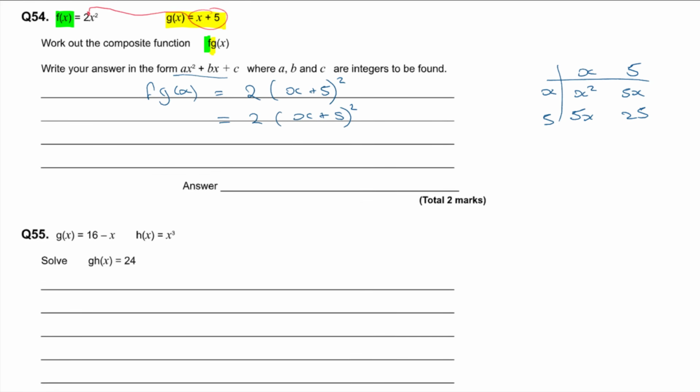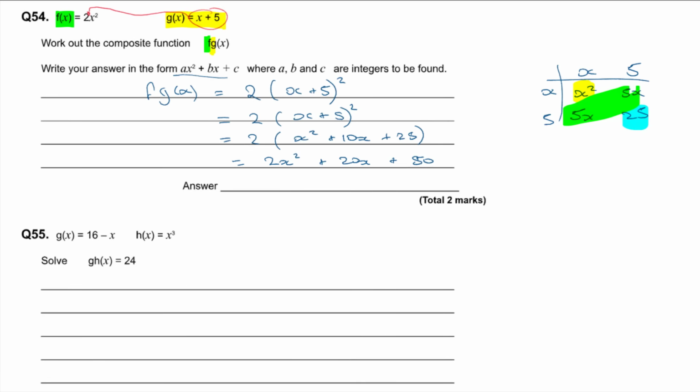So that's giving me x squared, 5x and 5x is 10x, and 25. Okay, so that is 2 lots of x squared plus 10x plus 25, and then multiplying that out, I'm going to get 2x squared plus 20x plus 50. Yeah, that's it. They're all integers.